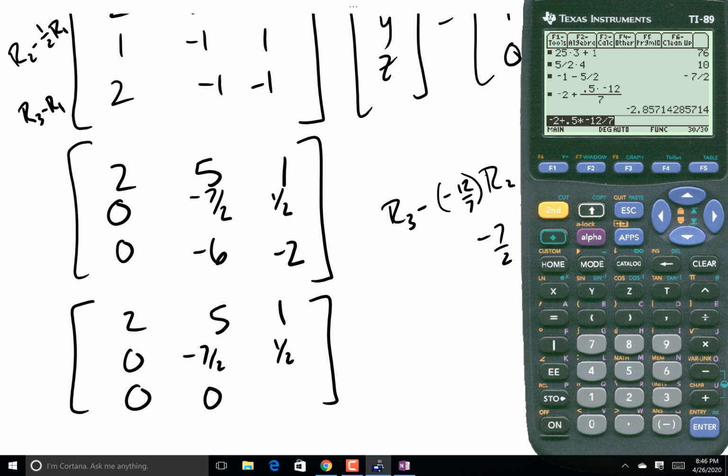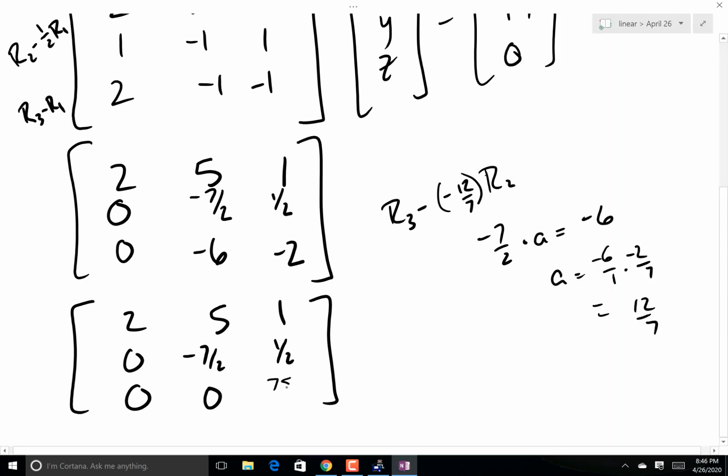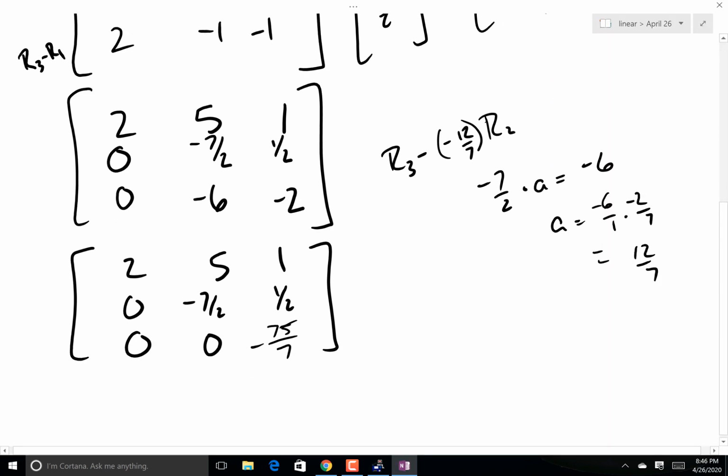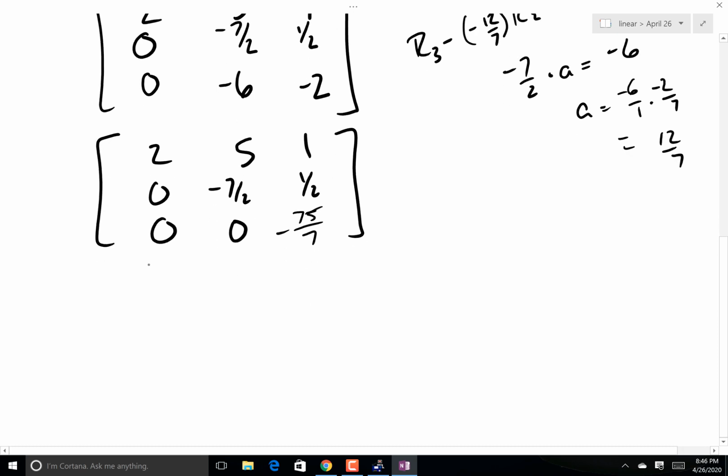At some point, a guy just needs to go to bed and call it a day, because you're just like, what am I doing here? I'm going to do it this way. Negative 2 plus 1/2 times negative 12 sevenths. So negative 75 sevenths. That's what I was looking for. Okay? Don't forget your negative. There you go.